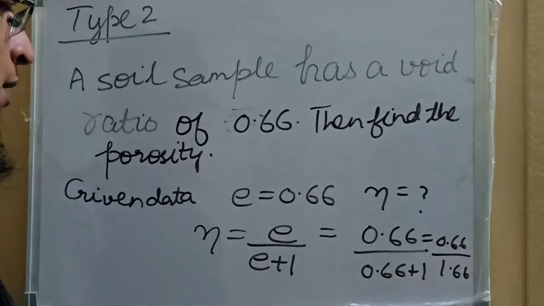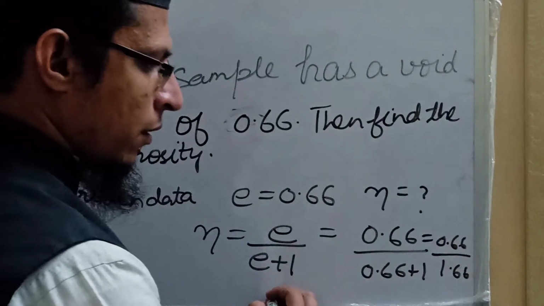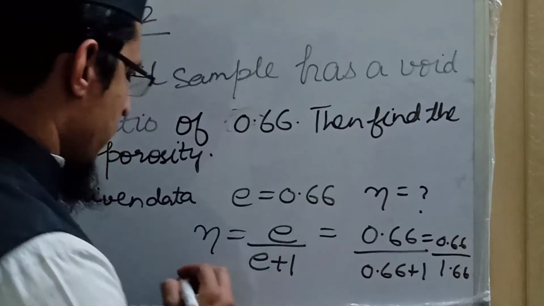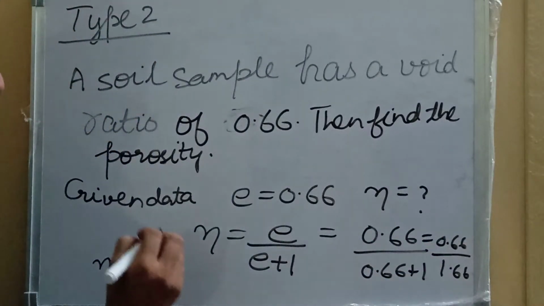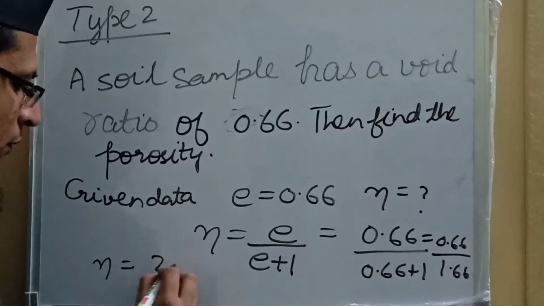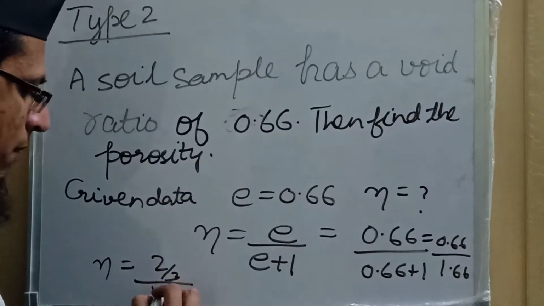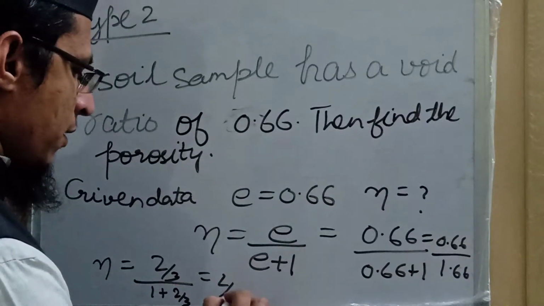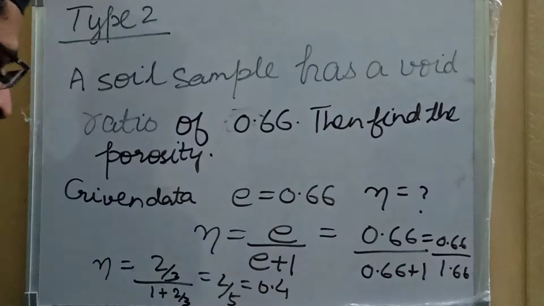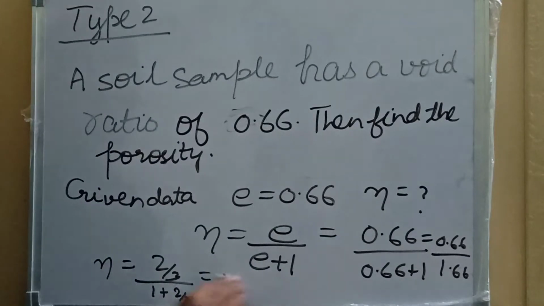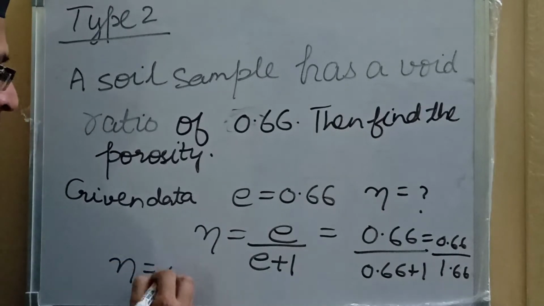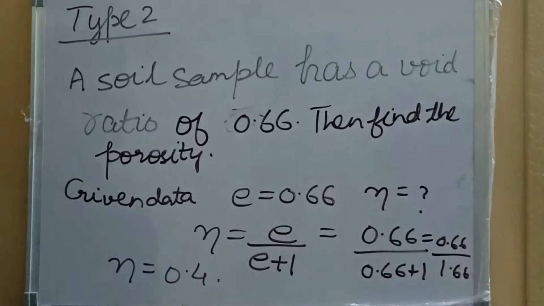So it will be around 0.4. If we take 0.66 as 2 by 3, we have 2 by 3 upon 1 plus 2 by 3, so it will be 2 by 5, which is around 0.4. So here also we can write that the porosity is around 0.4.